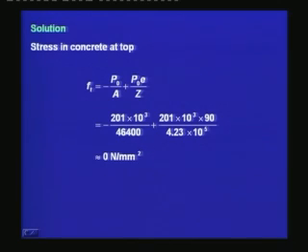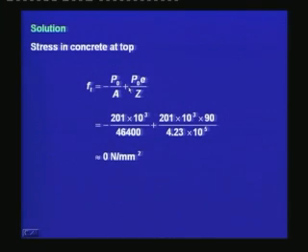Beyond the transmission length, the stress in the concrete at the top is given by the elastic expression Ft equal to minus P0 by A plus the moment, which is P0 times the eccentricity E divided by the sectional modulus Z. The first term is negative because it is a uniform compression due to the prestressing force.